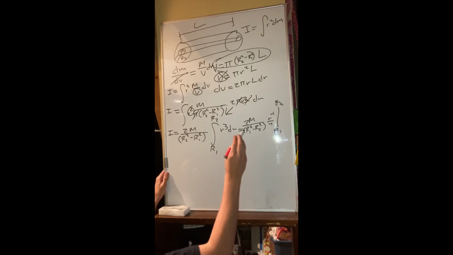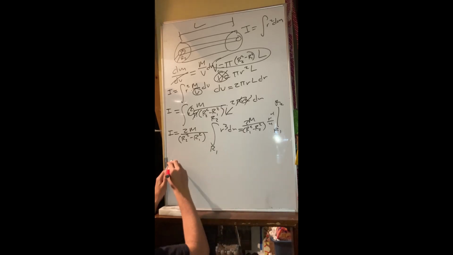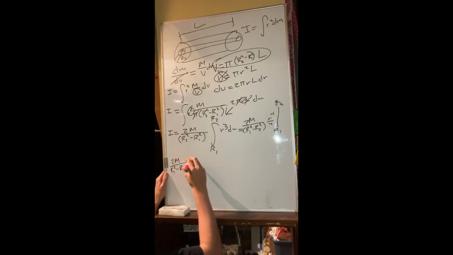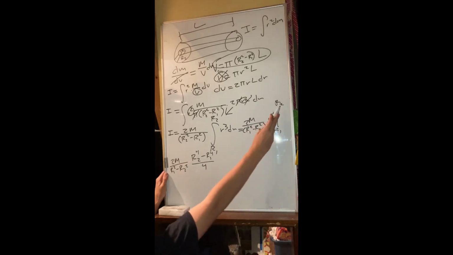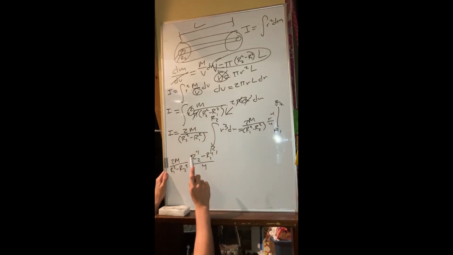Then let's evaluate that at r2 and r1: 2m over r2 squared minus r1 squared, times r2 to the fourth minus r1 to the fourth, over 4. So that's just plugging in our values of R2 and R1 and subtracting them.